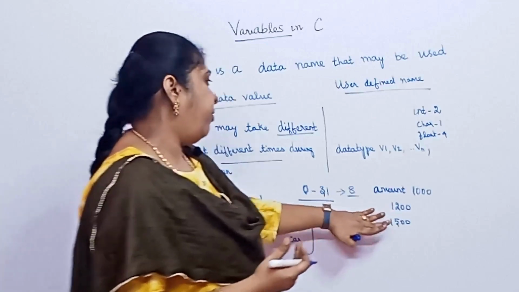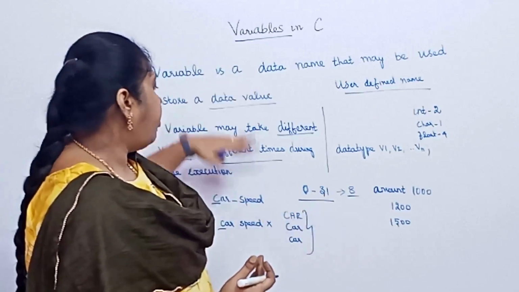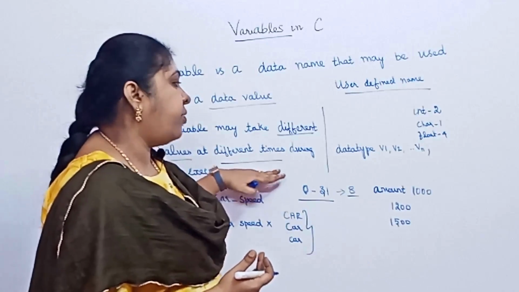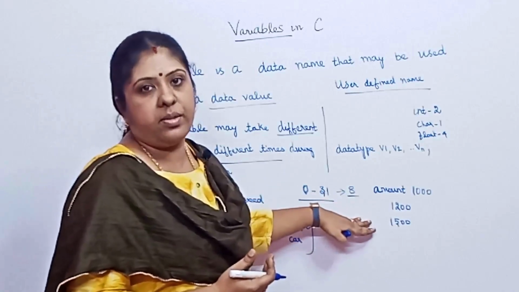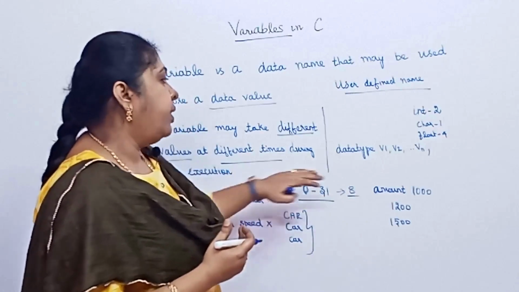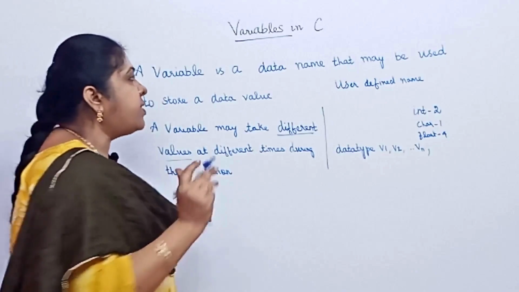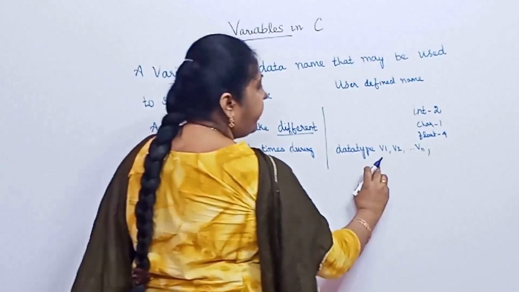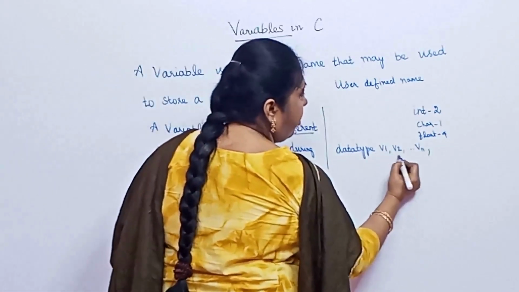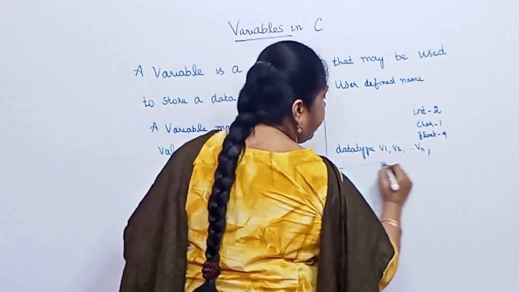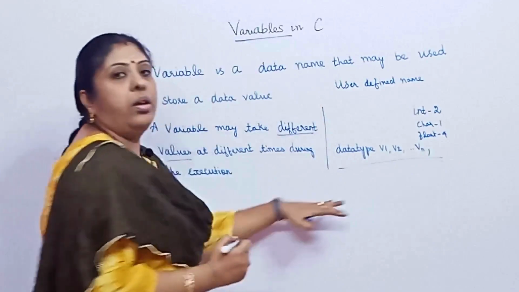Hope you are very clear about the variable definition and the main concept of how it varies. Now the next part is the syntax. The syntax for a variable is: data type v1, v2, ... vn.